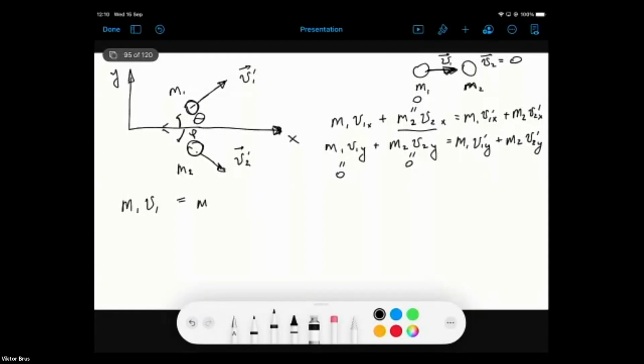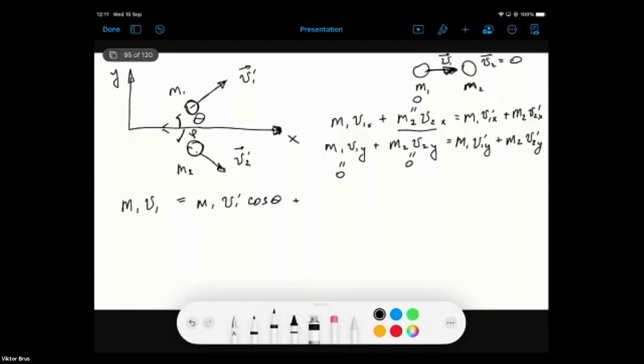Then we have two components on the right side. It will be M1 times V1 prime. We need the projection on axis x, and that will be times cosine theta. This is what we wrote for body M1.